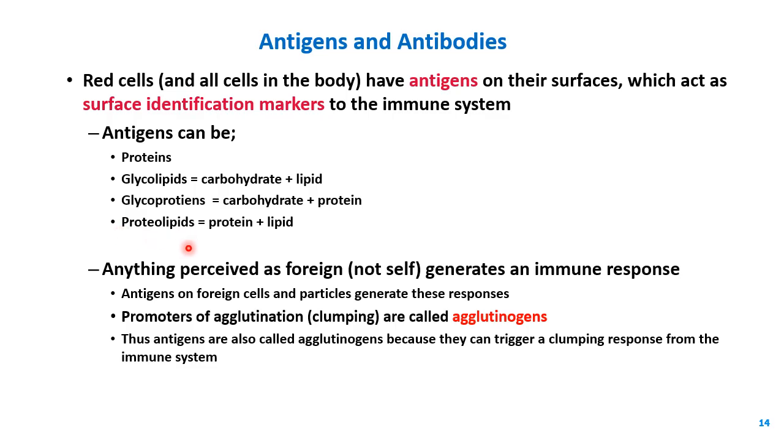So anything that your body doesn't naturally make can be an antigen. Sometimes your body makes some things that are seen as antigens, so your immune system will attack parts of your body, and those are autoantigens or autoantibodies.